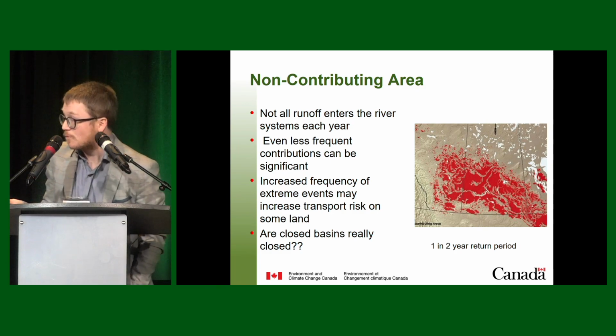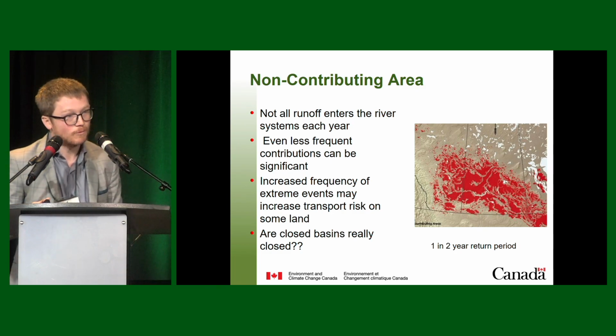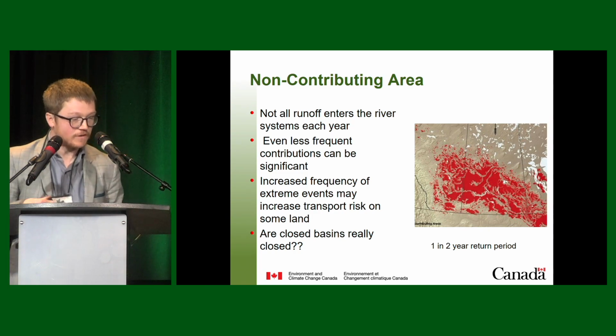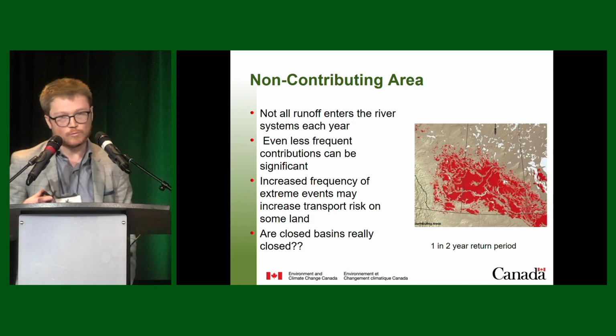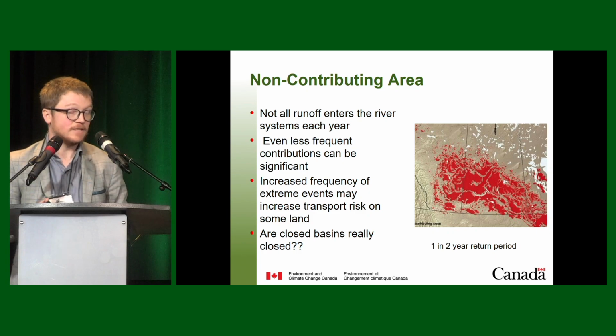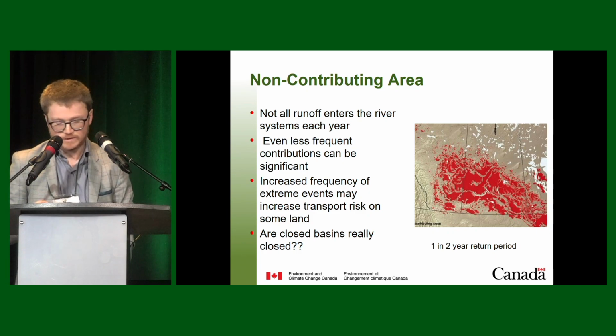Noticeably, you'll see quite a substantial portion of that total area is non-contributing. But the important part to note is that even less frequent contributions, such as a 1 in 5 year return period, can have a significant impact in terms of the water quality downstream.